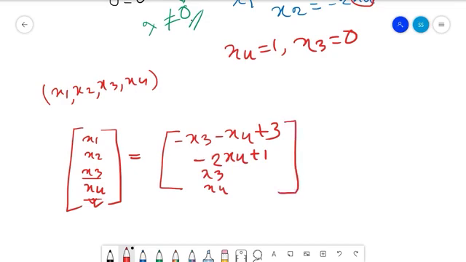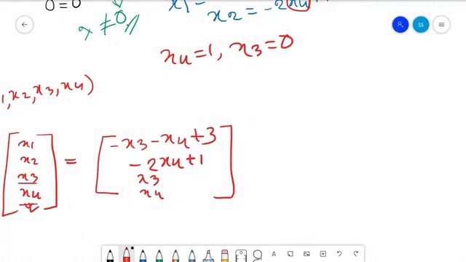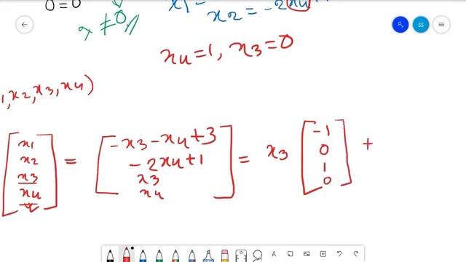And what you can do is simplify this a bit further by using the following decomposition. First write x3, times minus 1, 0, 1, 0, then plus x4 times minus 1, minus 2, 0 and 1.